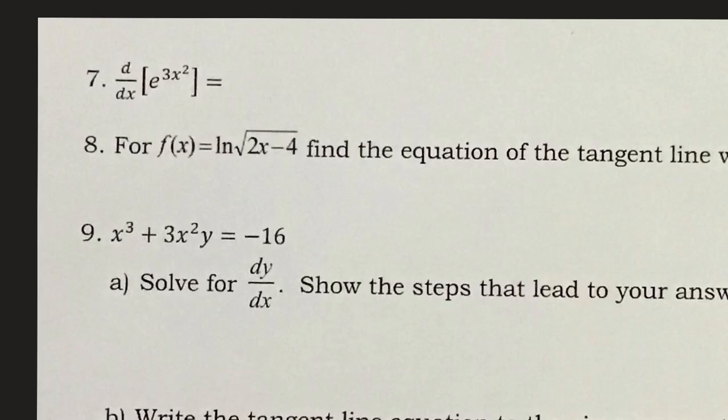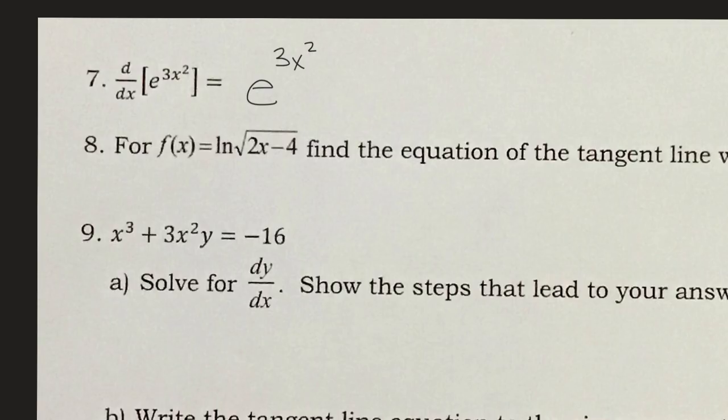Okay, number 7 is the derivative of an exponential. So we always use a chain rule with the derivative of an exponential. Okay? So the derivative of an exponential is always itself.